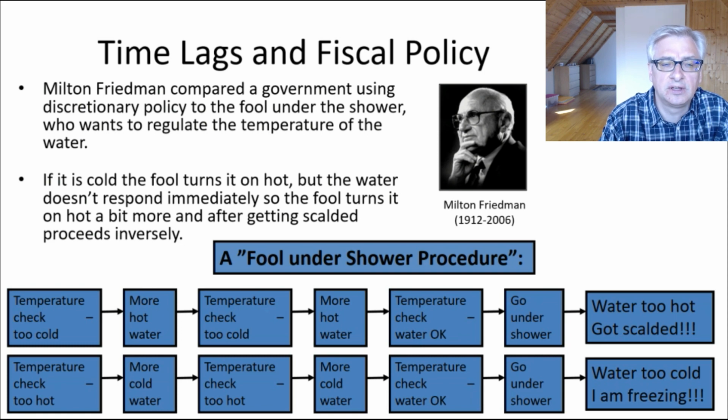This kind of comparison is borrowed from Milton Friedman, a famous American economist, who said discretionary fiscal policy works a bit like a faulty shower, meaning, you want to take a shower, you turn on the water, you check the temperature, the water is too cold, so you add more hot water, you check it, it's still too cold, so you add more hot water, you check it, and your finger tells you, all right, the temperature of the water is fine.